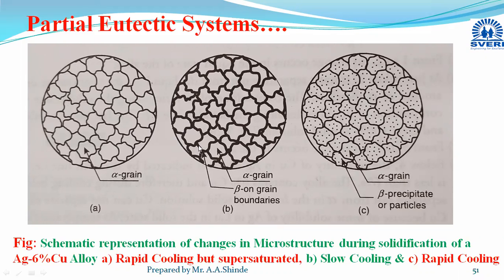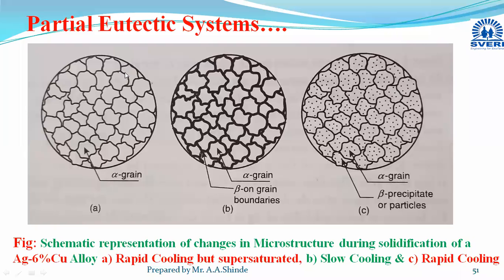In the 4 to 5 region, beta separates out, and when the cooling rate is very slow, beta will accumulate in the space at the grain boundaries. I have shown it here dark. This darker region is nothing but the beta grains, and this white space is the alpha grain.